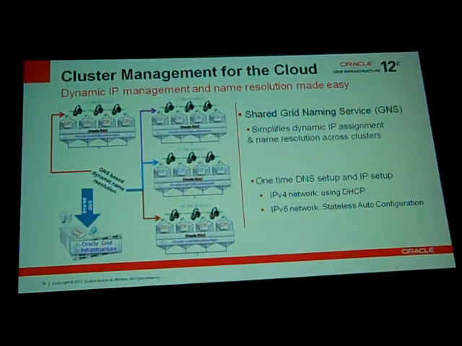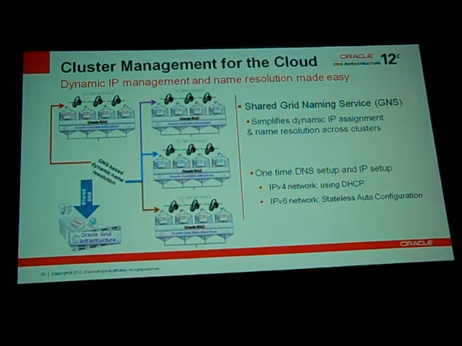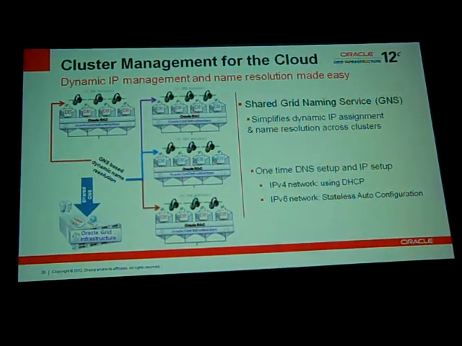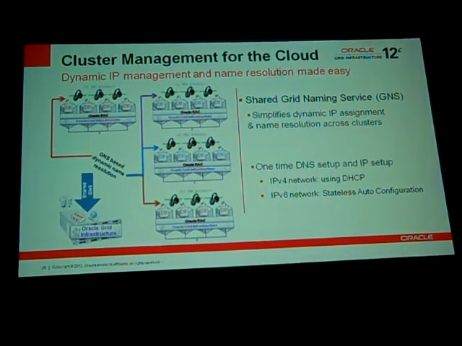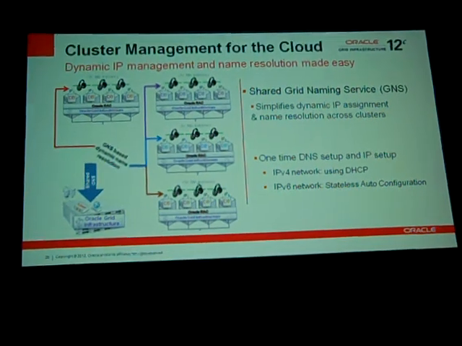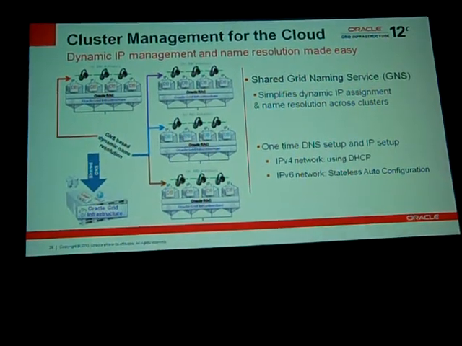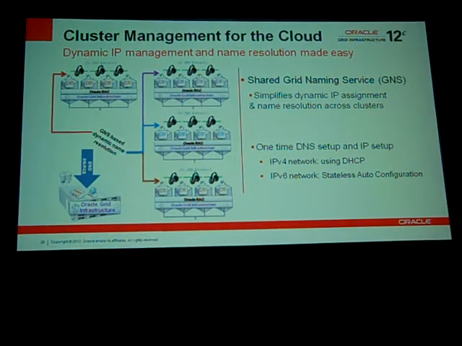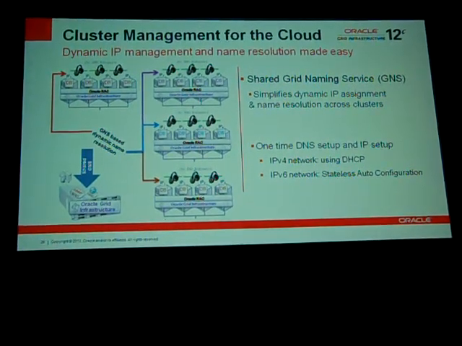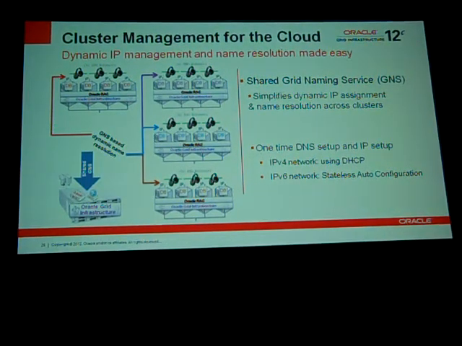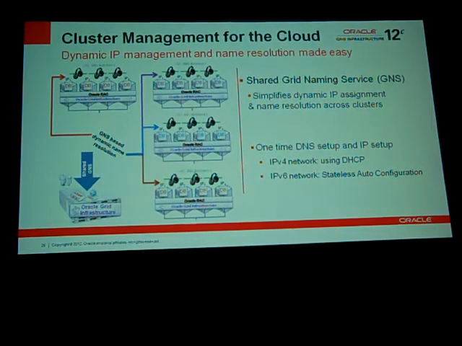You won't use a DHCP server for dynamic IP assignment anymore. You would be using stateless auto configuration. So the only thing you need to set up on the utility cluster you already have is the shared grid naming service, and you can use dynamic IP resolution throughout your whole data center. You install once, you don't have ever to ask for an IP again.